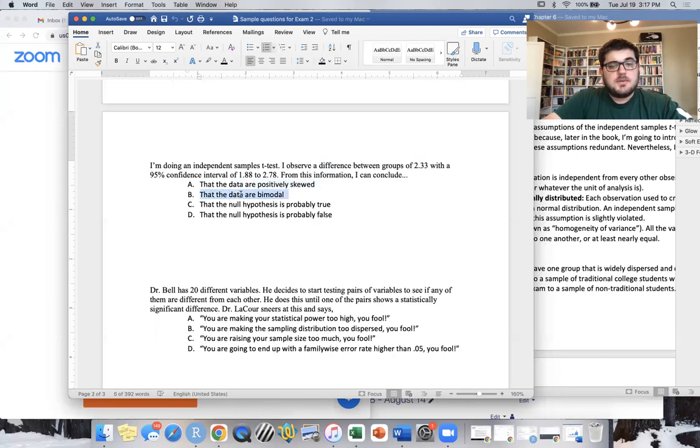Can't conclude anything about the data being bimodal. It comes down to the null hypothesis. The null hypothesis in an independent samples t-test is that there's no difference between groups, but I observed a difference so large that 0 is not even really in the realm of probability. So we would reject the null hypothesis. So D, the null hypothesis is probably false, is the correct answer.